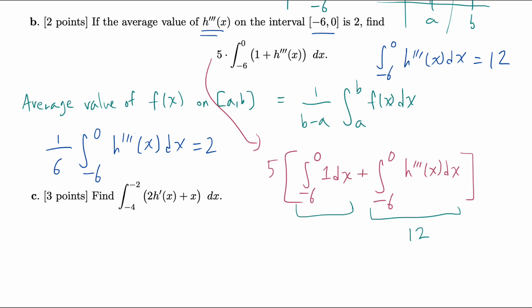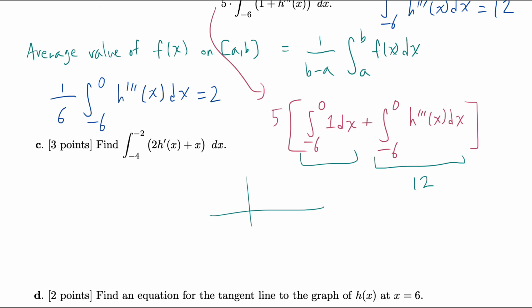Whereas for this part, you can either compute this using the fundamental theorem of calculus, but an even easier way of doing this is that the function y equals 1 is just a horizontal line. So we're looking at the signed area underneath it from negative 6 to 0. The area here is just a rectangle. This is clearly 6 times 1, or 6. So we see that this thing turns out to be 5 times 18, or 90.